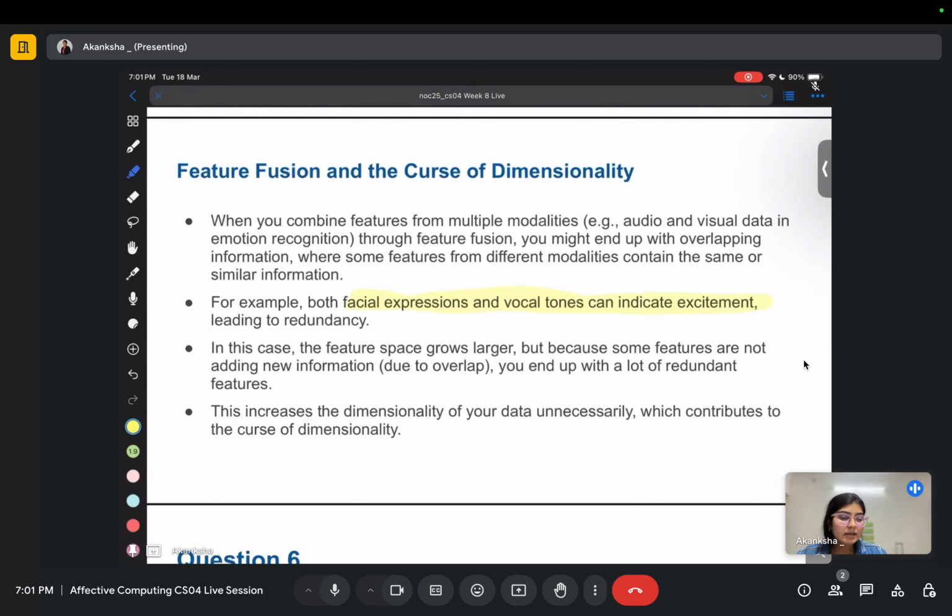The arousal part is there, but the valence is not. So feature spaces grow larger, but some features are not adding new information due to overlap because they carry similar information. It increases the data size and the feature size, and ultimately contributes to the curse of dimensionality. So this will be a part of your system if you do not increase the features mindfully.